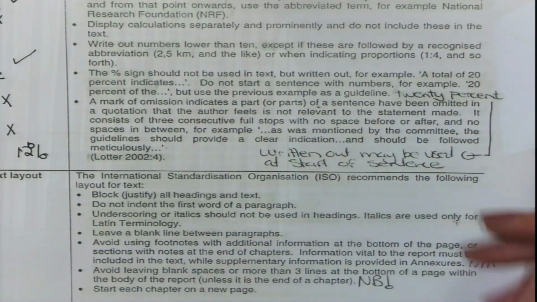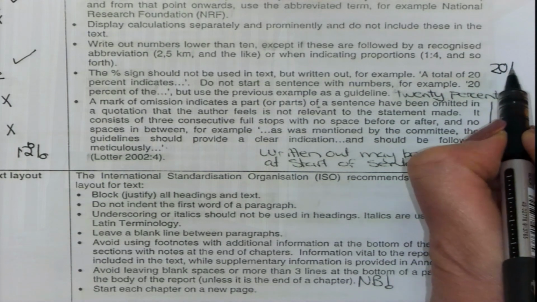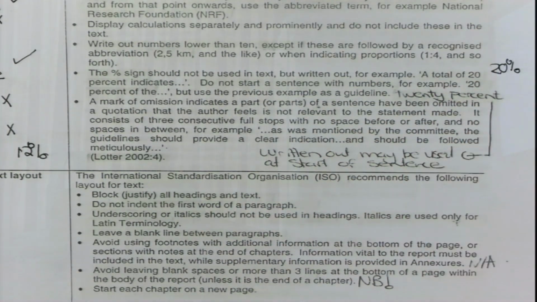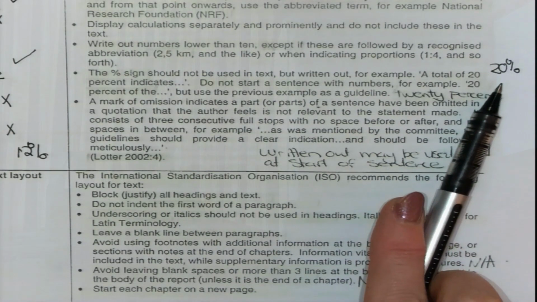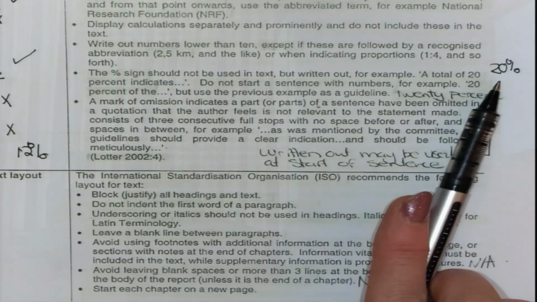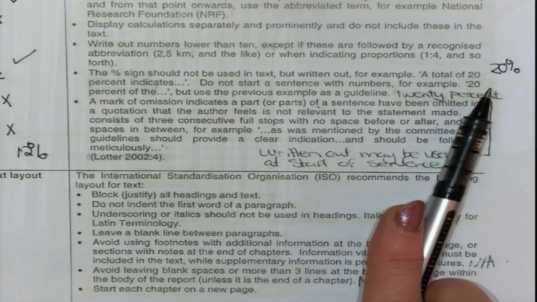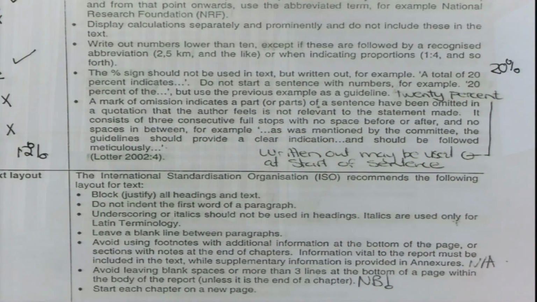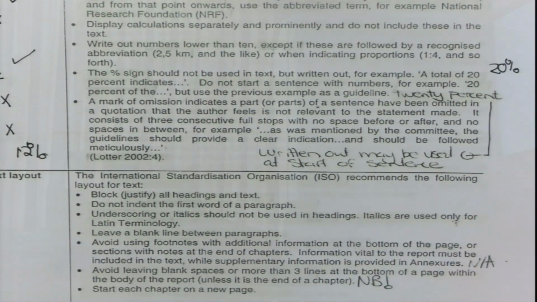So we also accept if you write it as 20%. But if you're talking about percent without a number, then you write out the word percent. Okay. I will put this particular one where I add some of the examples today on the Vutela site for you. I'm not going to read all of the rest.